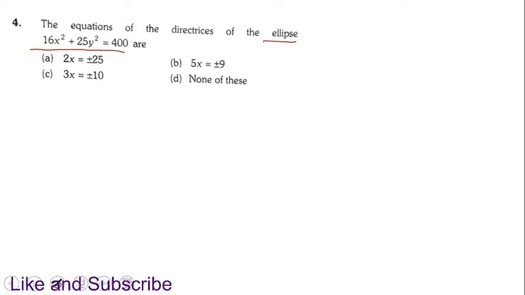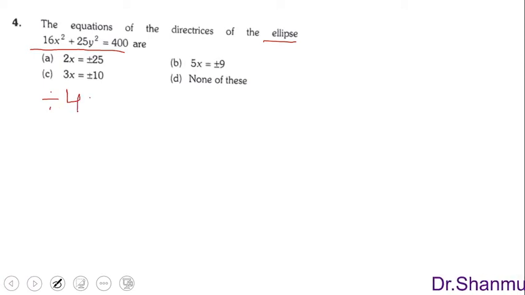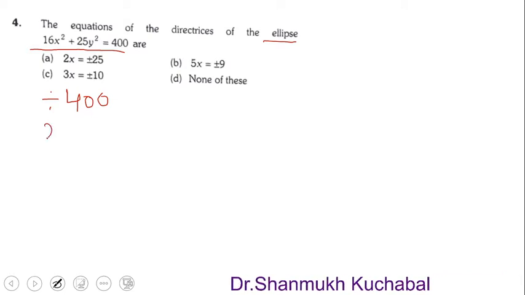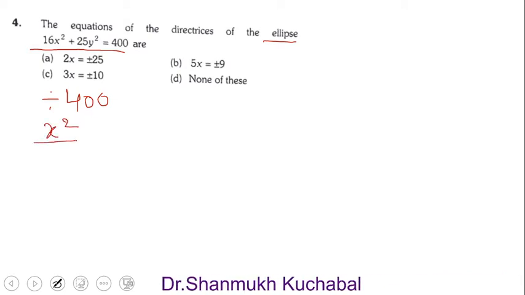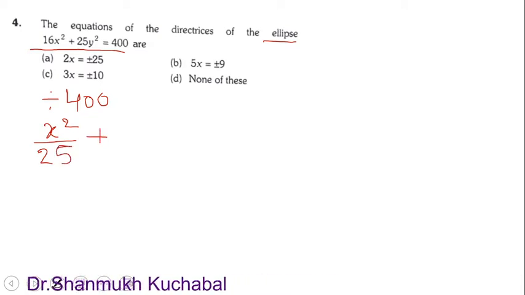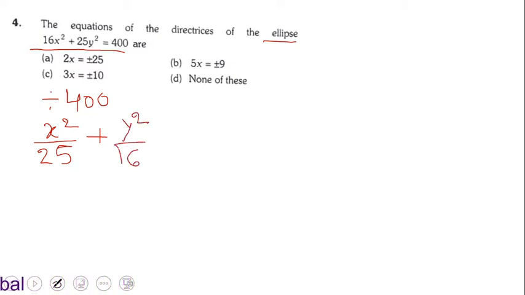Therefore throughout this equation we'll divide by 400. So 16 by 400 we get as 1 by 25, then 25 divided by 400 we get y square by 16, equal to 400 by 400, which is 1.